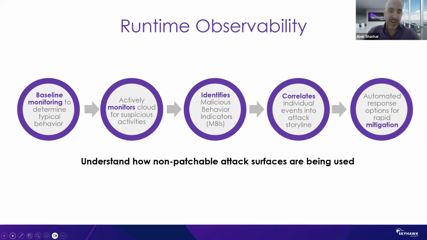And then after building this sequence, we also rank or score it in terms of maliciousness level with another type of machine learning algorithm. And then, once we have the attack story scored, we suggest either automatic or semi-automatic responses for mitigation of the threats.